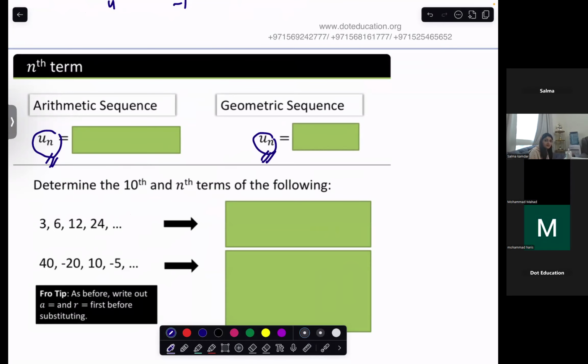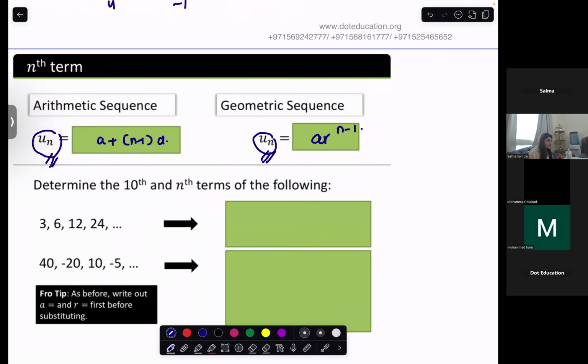Let's try to recall the formula. A plus n minus 1 d for arithmetic. Next, geometric: AR to the power n minus 1. Yes, lovely.